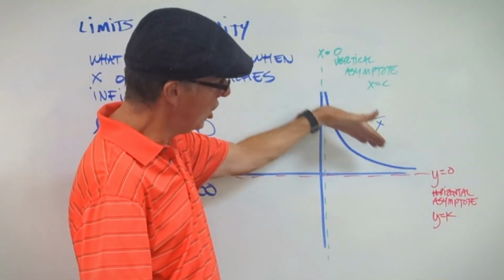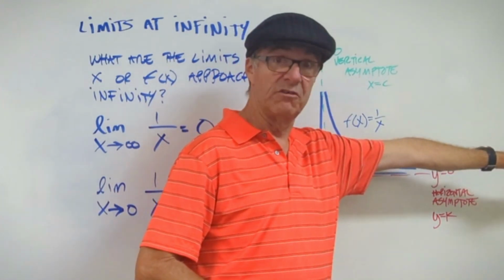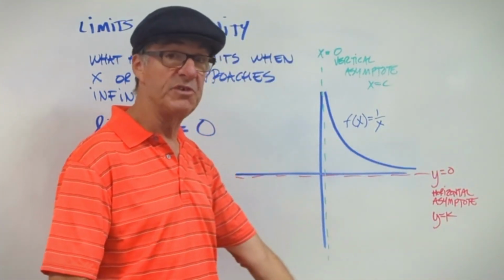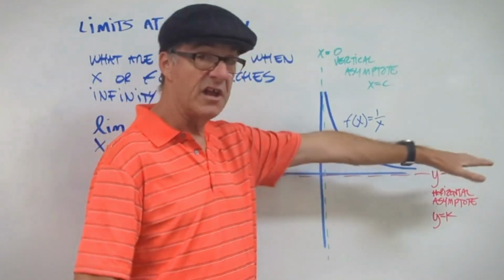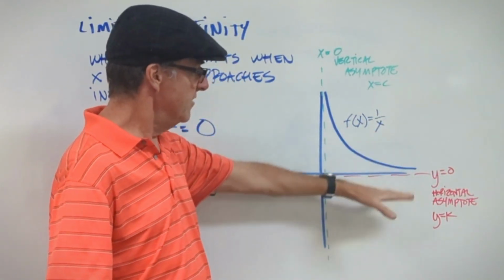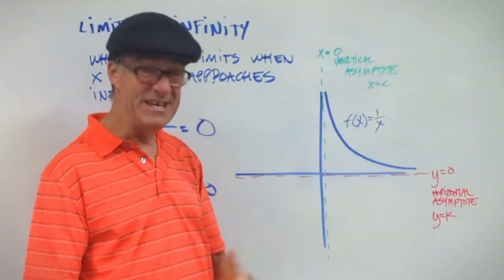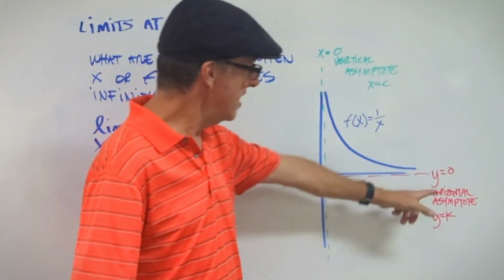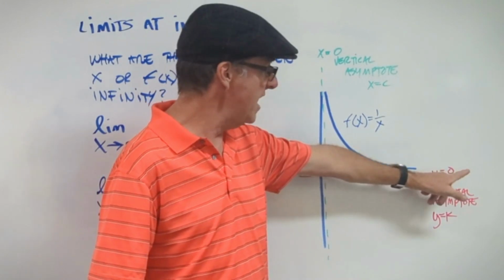Y is getting closer and closer to 0. So it's getting closer and closer to this line, y equals 0. That is a horizontal asymptote. Because this function is really simple, 1 over x, the x-axis is the horizontal asymptote. That will change in a minute.